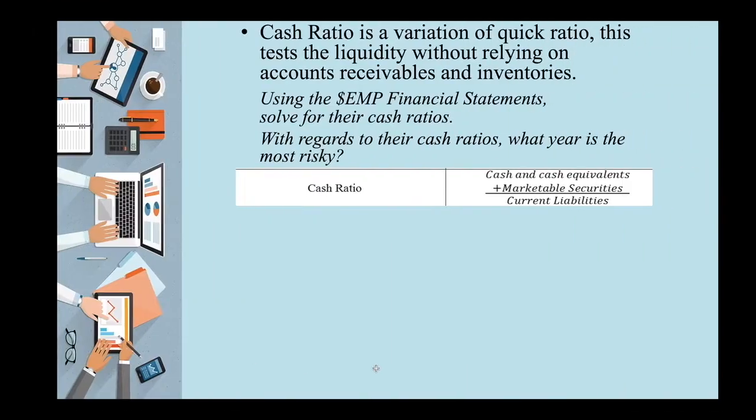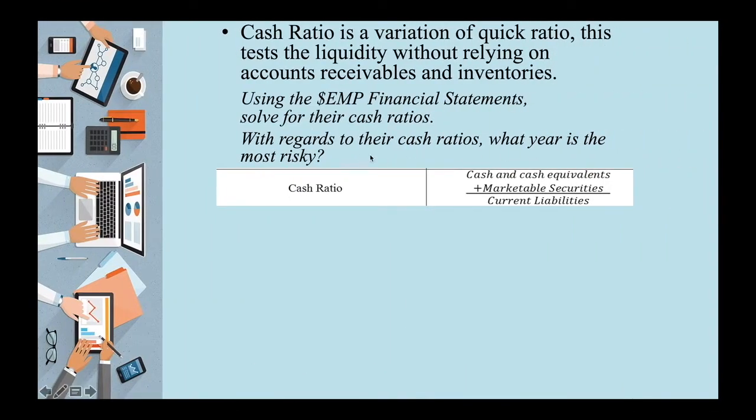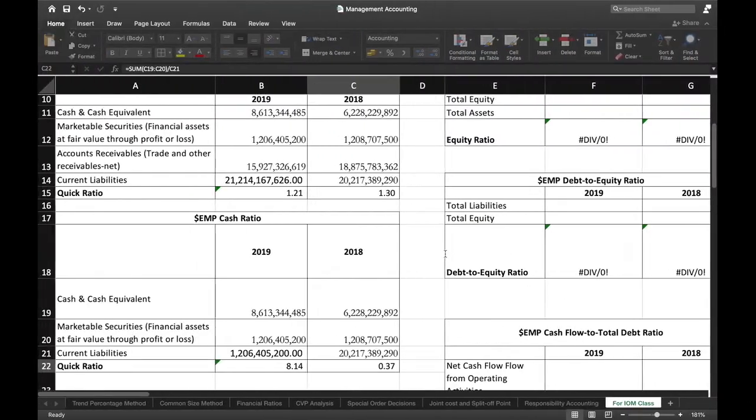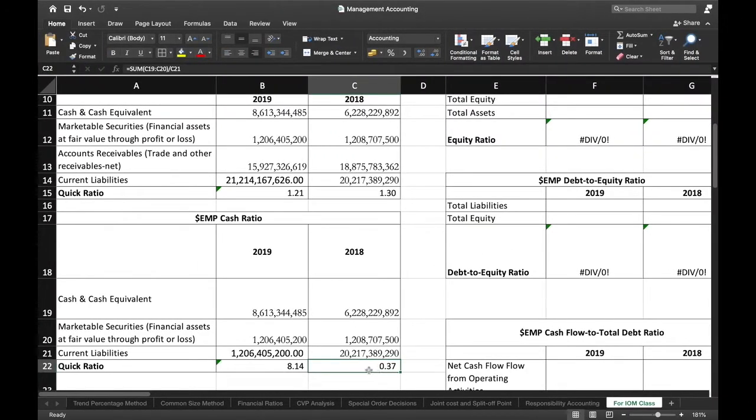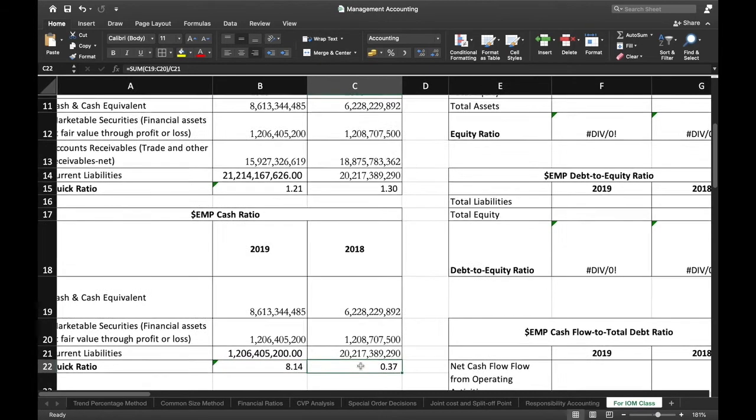Ang question is, what year is the most risky? So, risky itong ating 2018, 0.37 versus 8.14 ng 2019. First time na bumaba tayo ng 1.